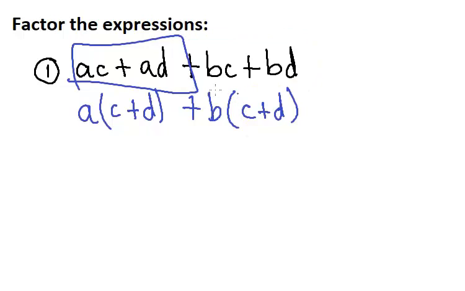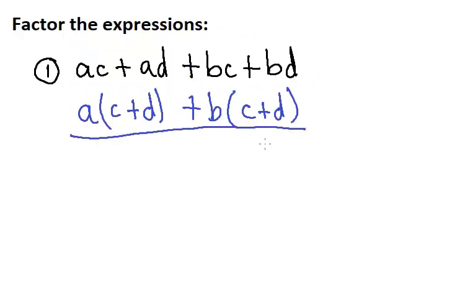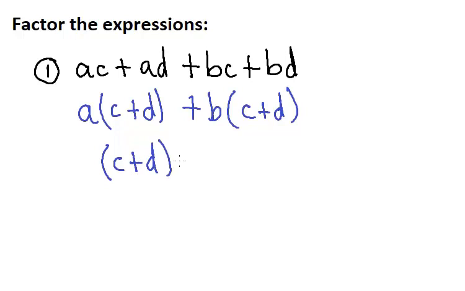Once I've done that, I should be able to factor the entire expression completely. If you notice, the parenthesis is now repeating. I have C plus D on one of the terms, and I also have C plus D on the other term. So I'm going to factor out C plus D and take it outside in parentheses.